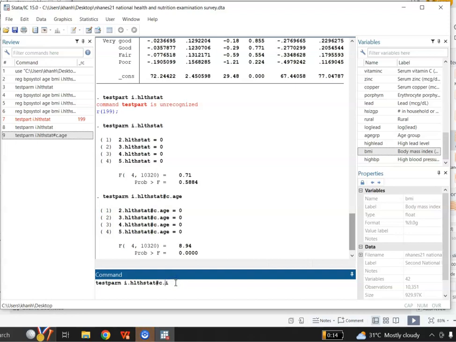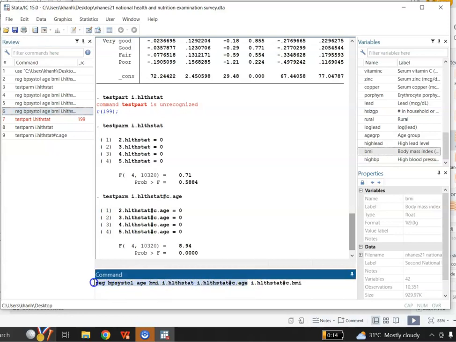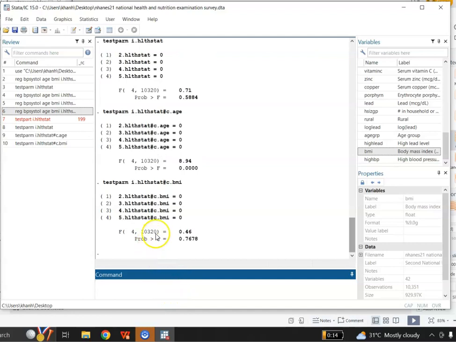So since I'm doing this one, I will write testparm i.healthstat#c.BMI, and the F statistic is 0.47, and its p-value is greater than 0.05.